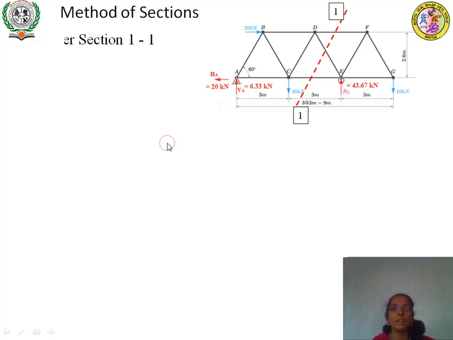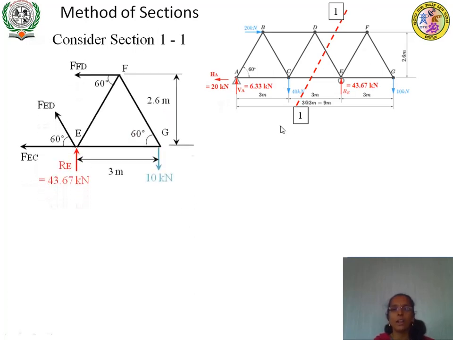Therefore we can consider section 1-1, and we can consider the left part to compute the forces in the required members. This is the free body diagram of the left section. This is 3 meter, height is 2.6 meter.